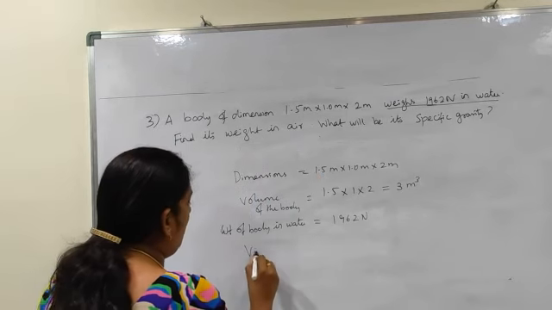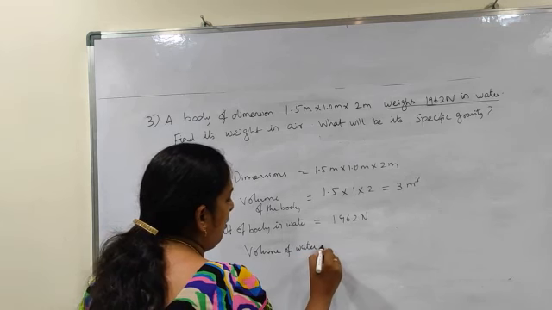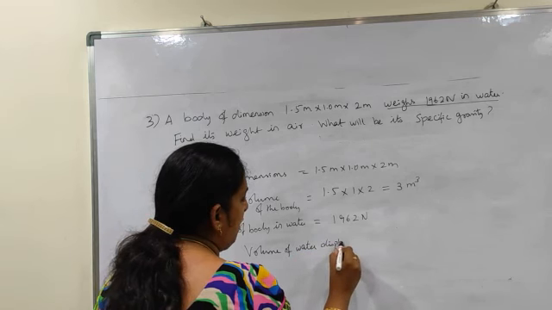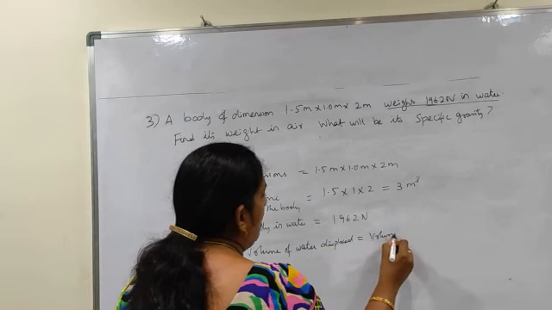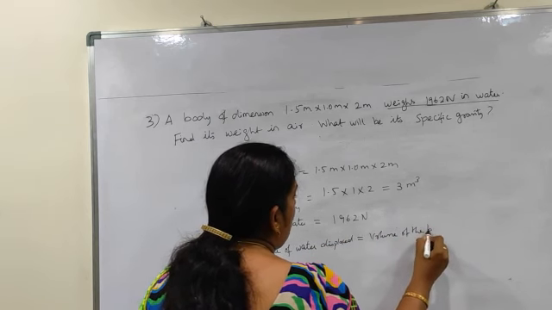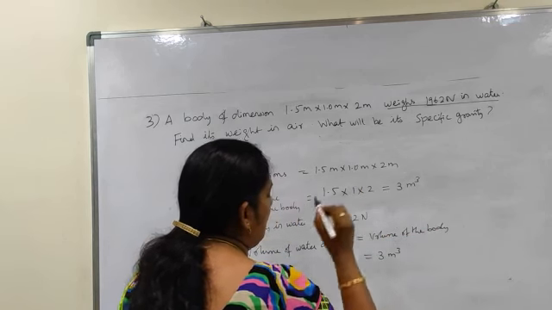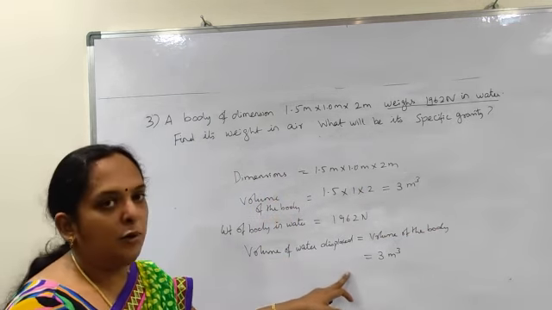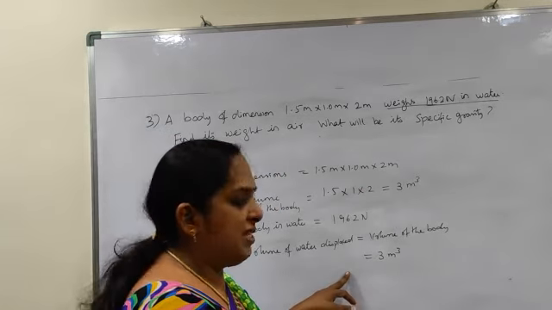So when the body is floating in the water, the volume of water that is coming out will be equal to the volume of the body, which is 3 meter cube. We know the volume of the body, so it will be equal to 3 meter cube.